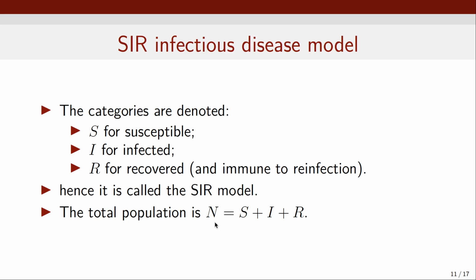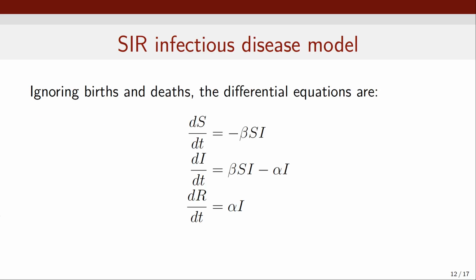The total population, N, is S plus I plus R. If we ignore births and deaths, then the differential equations that govern this model are dS/dt equals minus beta S I, dI/dt equals beta S I minus alpha I, and dR/dt equals alpha I, where alpha and beta are constants, and t is time in this case.